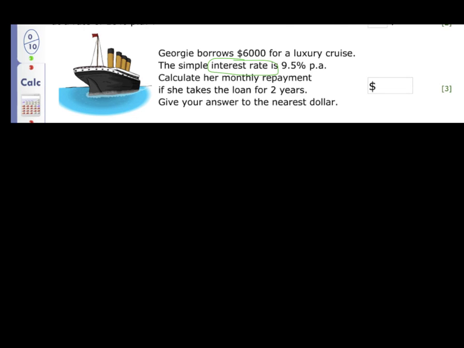Simple interest. This means that after the first year, the interest he needs to pay is 9.5% out of 6,000, which is 570. I hope I put it correctly in my calculator.